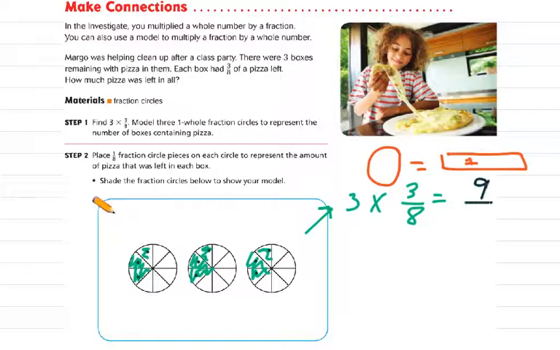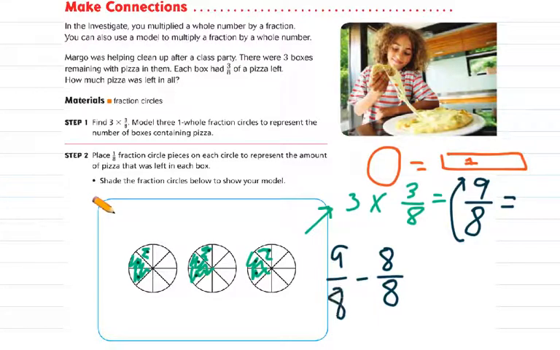Our answer would be 9/8, but that's an improper fraction. We're going to say how many sets of 8 are inside of 9. There is one set of 8/8. If we take out 8/8, we could trade it for a whole, and then we would have 1/8 left over. Remember, 8/8 is equivalent to saying 1.